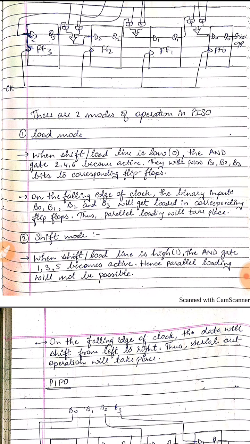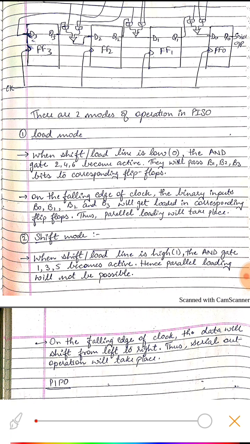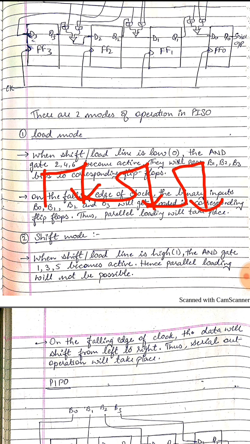On the falling edge of the clock, the data will shift from left to right. As we have seen, every operation will take place on the negative edges, as we are using negative edge triggering in the flip-flops. So this is how the serial in parallel out, parallel in serial out shift register works.